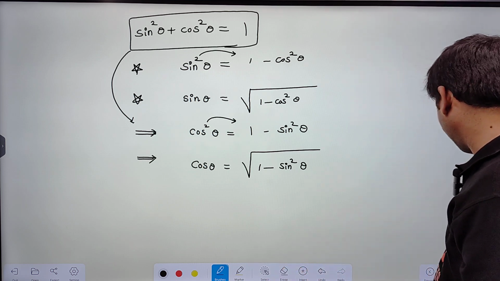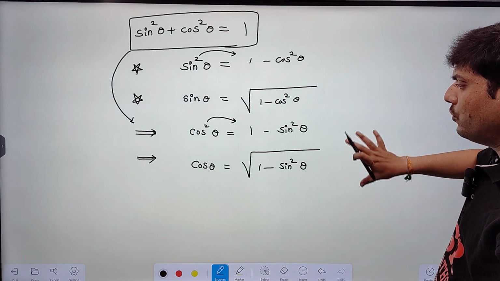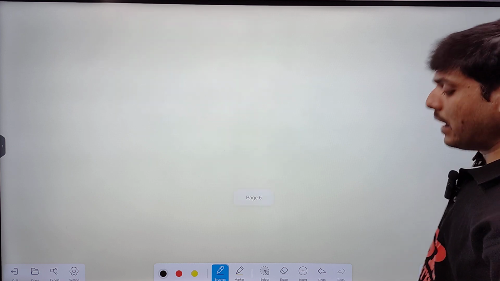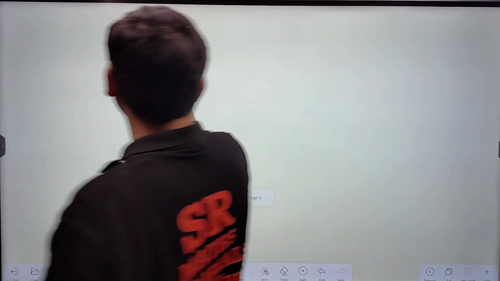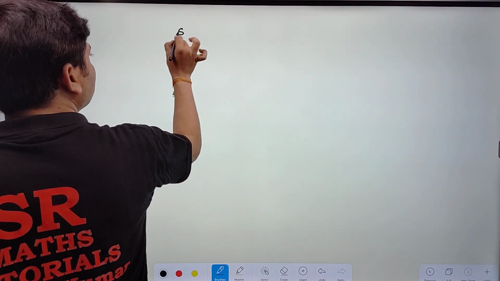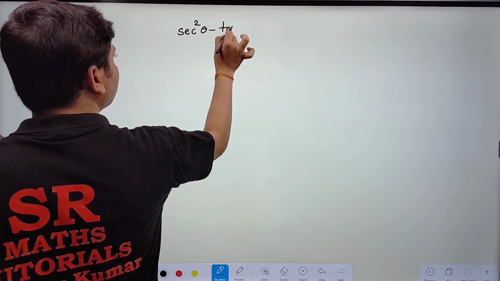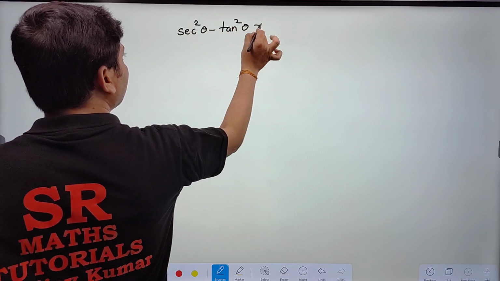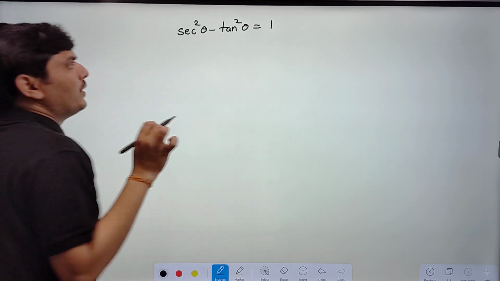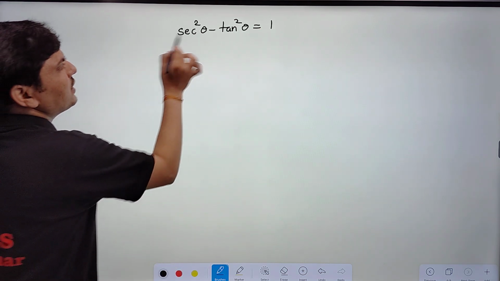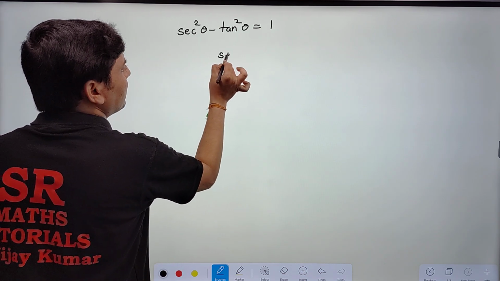Okay. Next, I'm going to one more identity that is very important. Secant square theta minus tan square theta is equal to 1. What do you say about secant square theta, students?